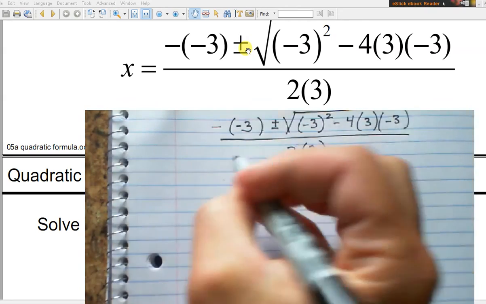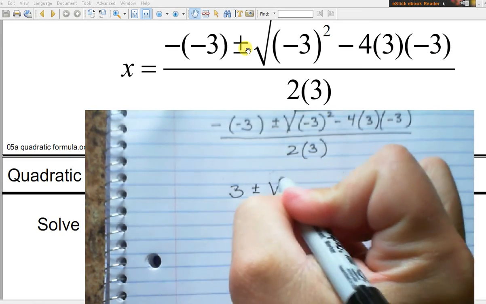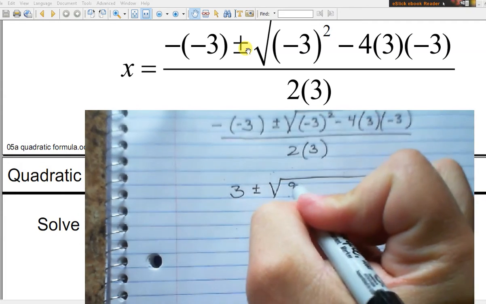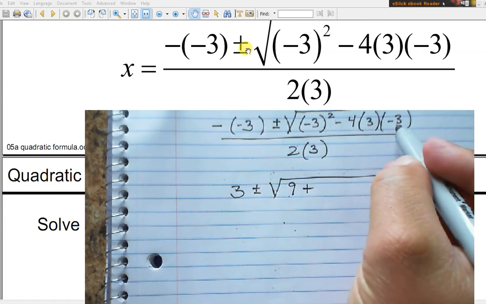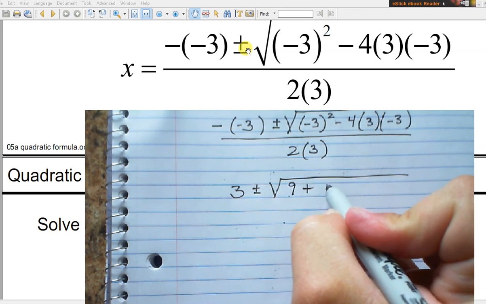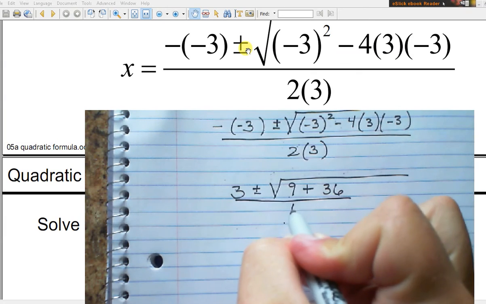Negative negative is a positive, so I'm at 3 plus or minus the square root of 9 plus 4 times 3 times 3, which is 36, over 6.